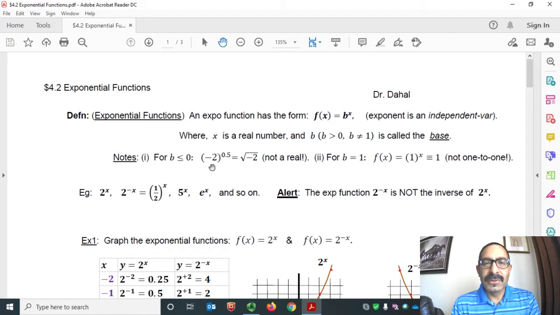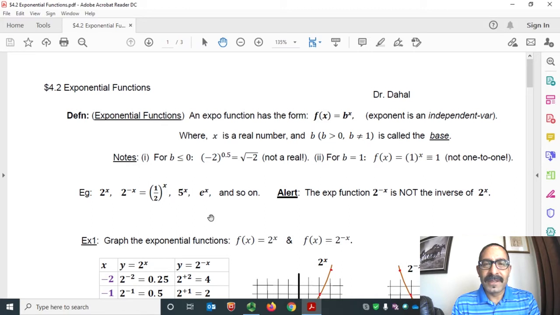Then negative 2 raised to the power 1/2 means the radical of negative 2, which gives us a complex number, that means this is not a real number. And also, if b is 1, then our exponential function reduces to identically 1. This is a horizontal line, and by the way, this is not 1-to-1, and we're not interested in such functions.